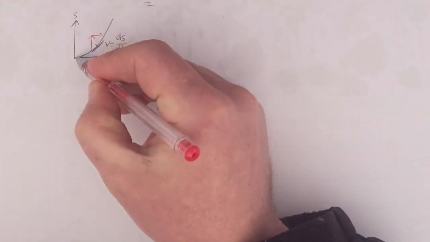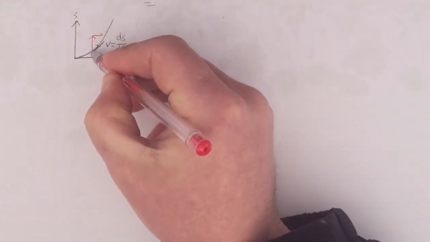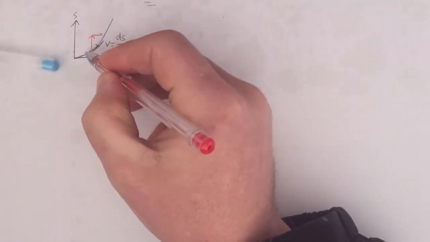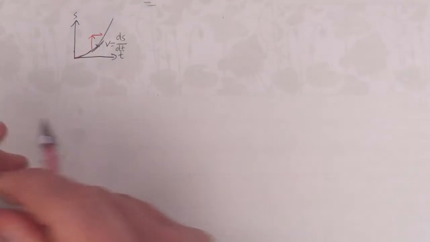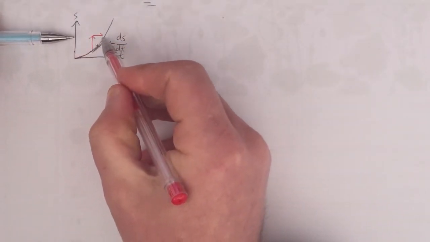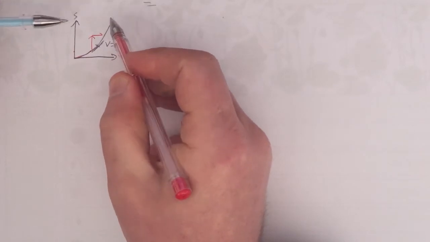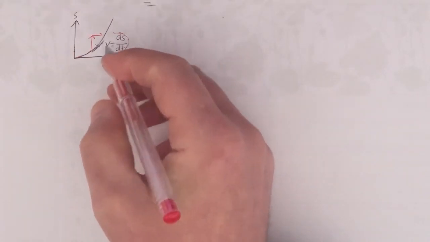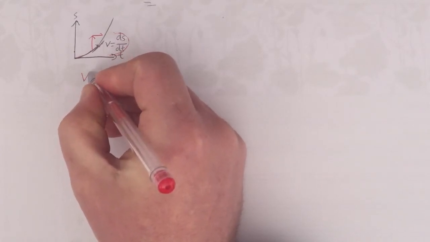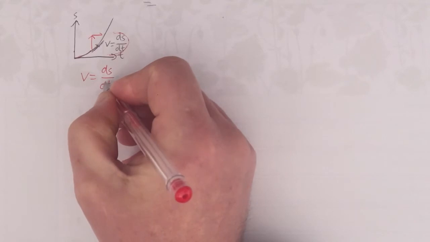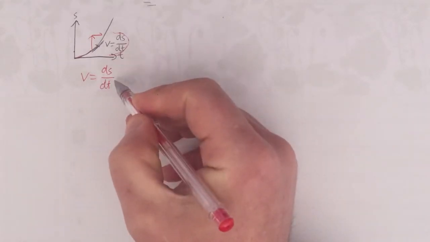So as we move along in this direction, how rapidly is displacement going up? And that's really all this is telling you. It's the gradient of the graph. So our equation here, v equals ds by dt, tells us the rate of change of displacement with time.